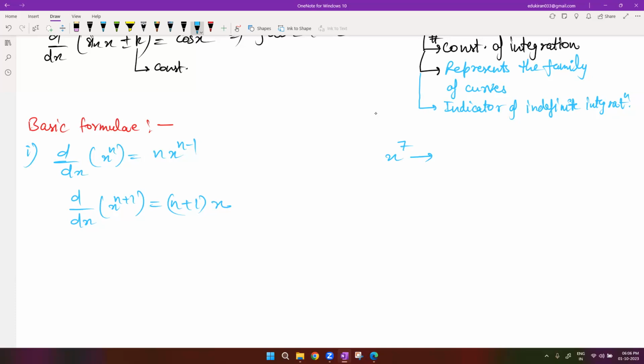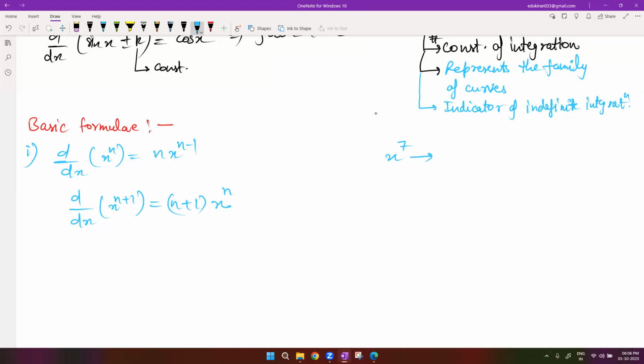You can subtract one power, right? If you subtract one power from n plus 1, it becomes n. So the differentiation of x to the power n plus 1 is n plus 1 times x to the power n.